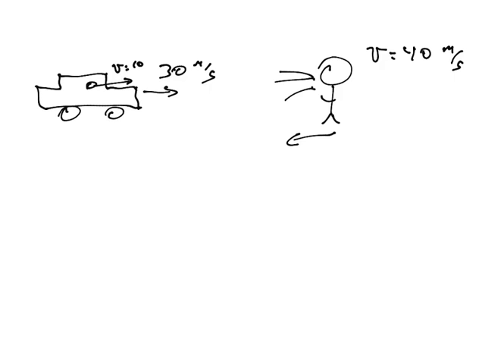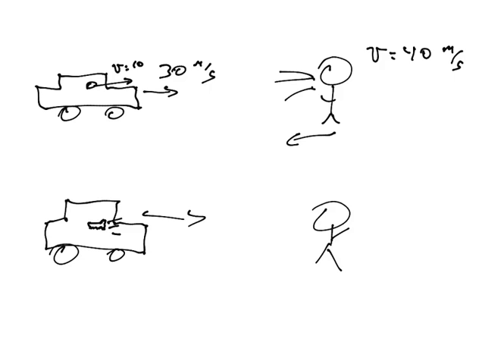However, light doesn't work this way. If instead of a ball, the person in the car is holding a flashlight, and he turns on the flashlight and the light propagates, and this person's trying to measure how fast the light comes towards him. Let's say the car is moving with a velocity of half the speed of light. So very, very fast.